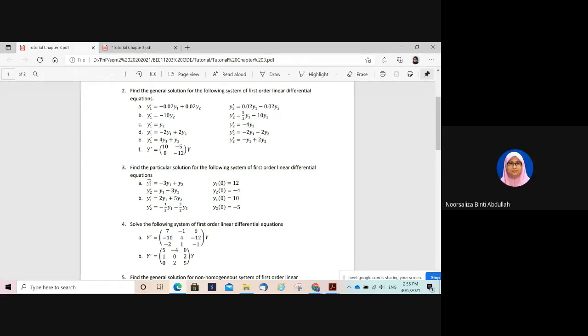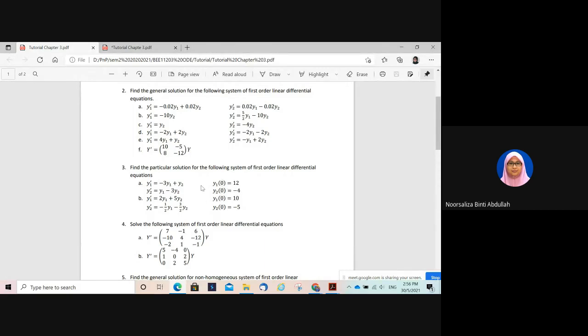Okay, so kita tengok soalan 3. We look at the third question. Find the particular solution for the following system of first order linear differential equations. You're given y1 prime equals to minus 3 y1 plus y2, and y2 prime equals to y1 minus 3 y2, and the initial condition is y1 0 equals to 12 and y2 0 equals to minus 4.